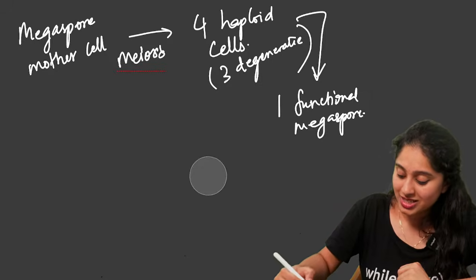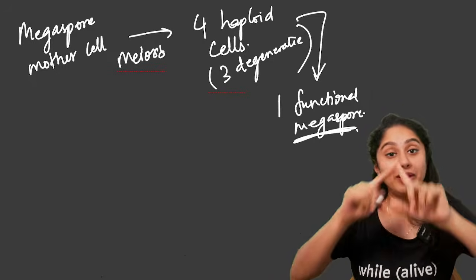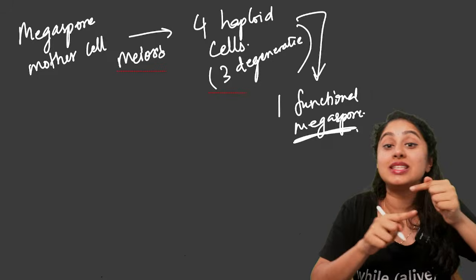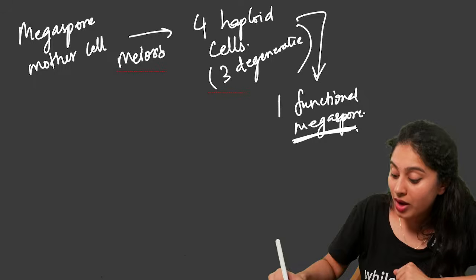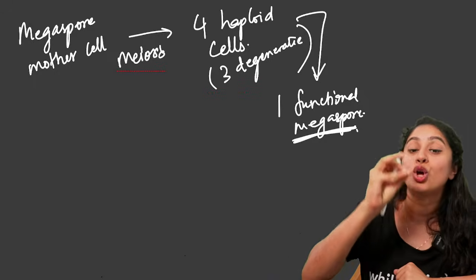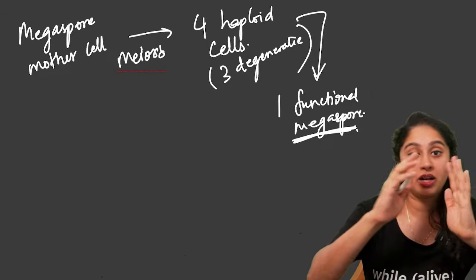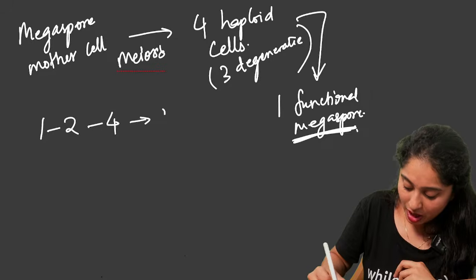Remember that it's not cells: the functional megaspore remains one entire cell, but inside it the nucleus starts to divide. So 1 becomes 2, 2 becomes 4, and 4 becomes 8.